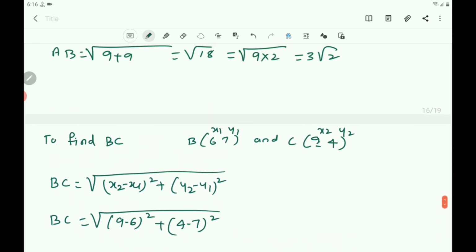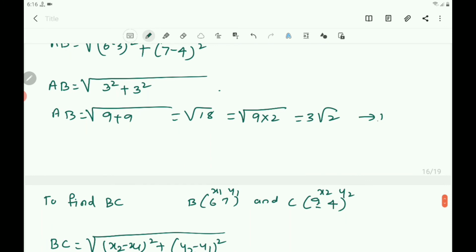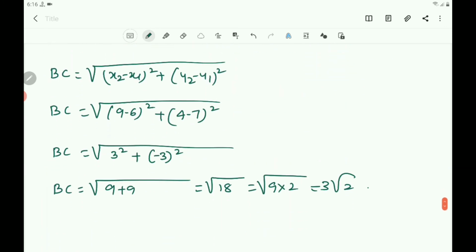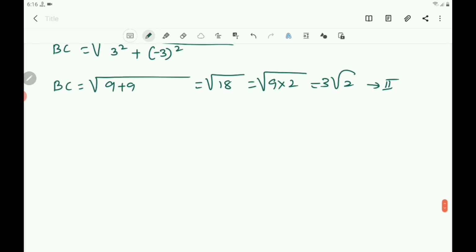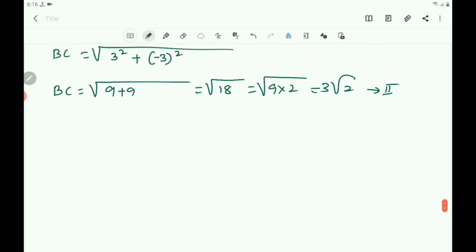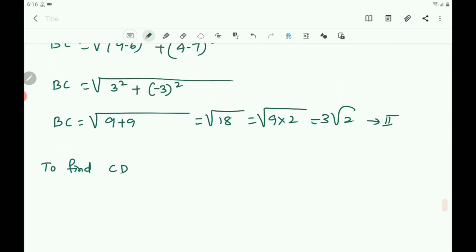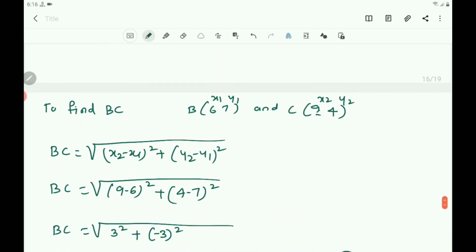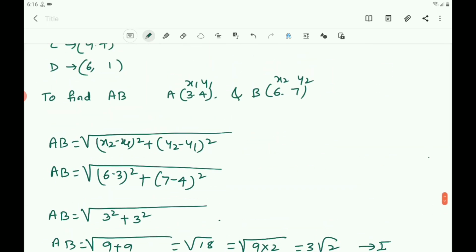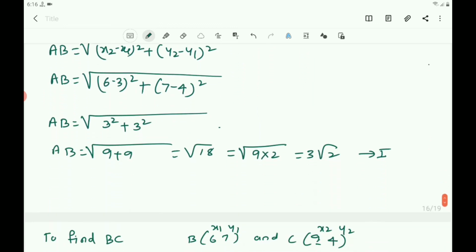Now this is the first one you got and this is the second one. You found AB and BC, and next you find CD. C is a point with 9, 4 and D is a point with 6, 1.